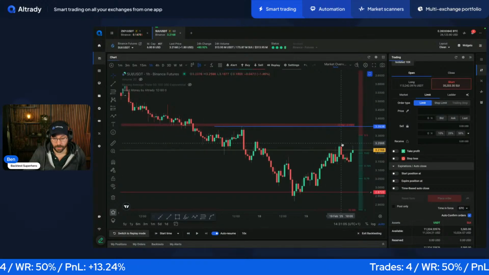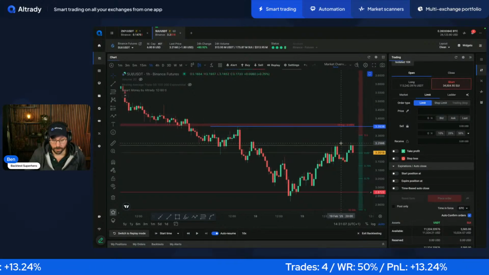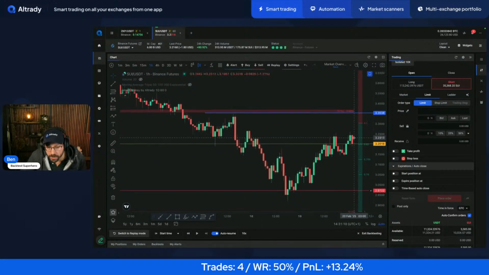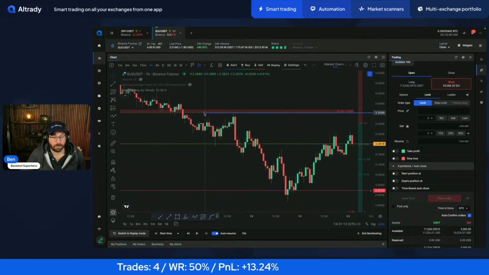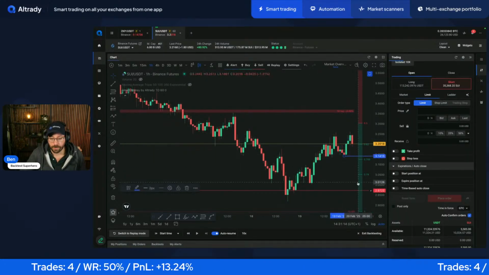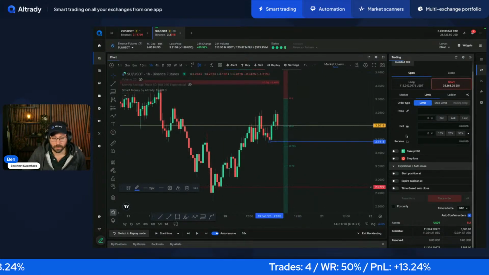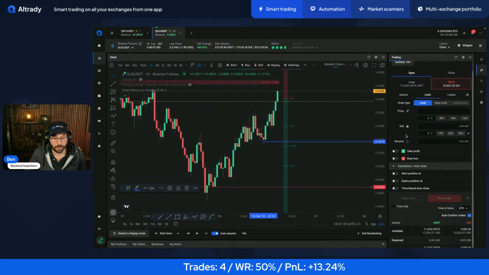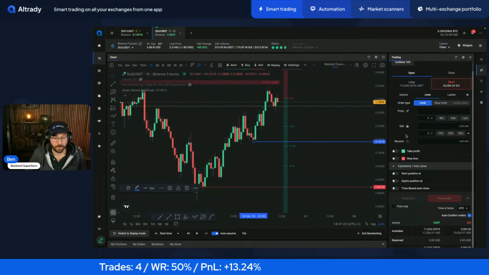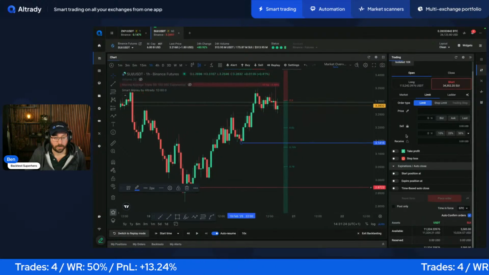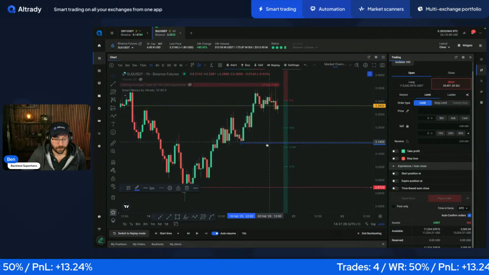So this would be the highest point of that. Now it's this one, so that puts our shift there. That makes our shift higher. Okay, interesting.